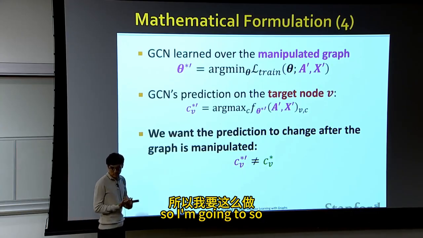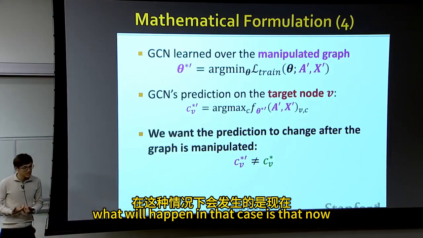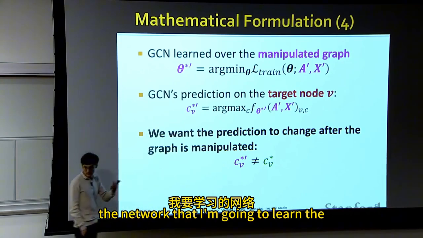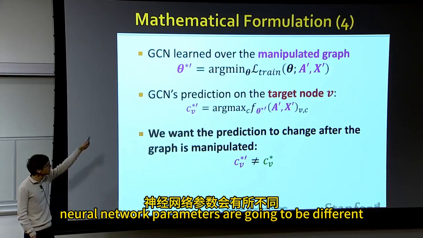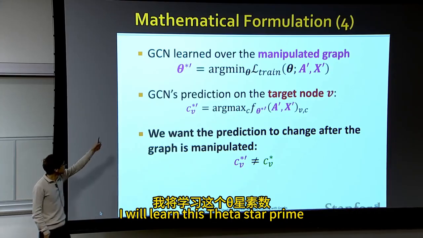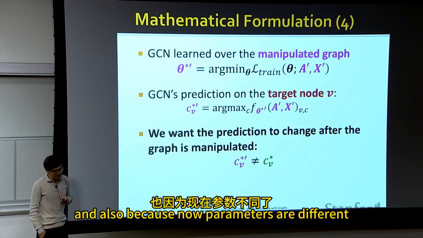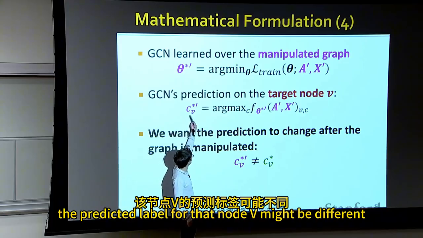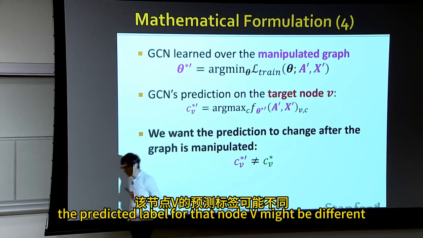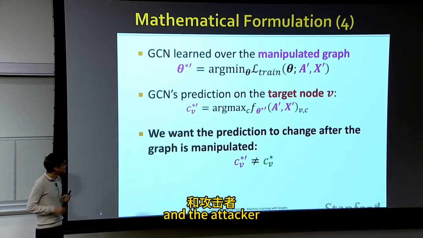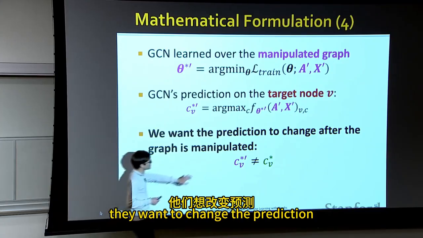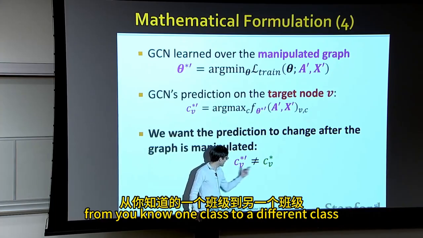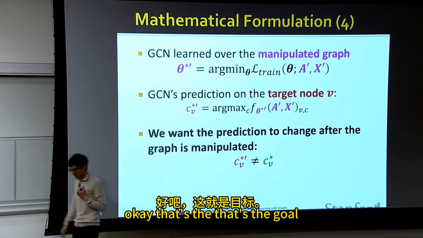So what will happen in that case is that the neural network parameters I learn are going to be different. I will learn this theta star prime. And because the parameters are different, the predicted label for that node V might be different. What the attacker wants to do is change the prediction after the graph is manipulated from one class to a different class. Okay, that's the goal.